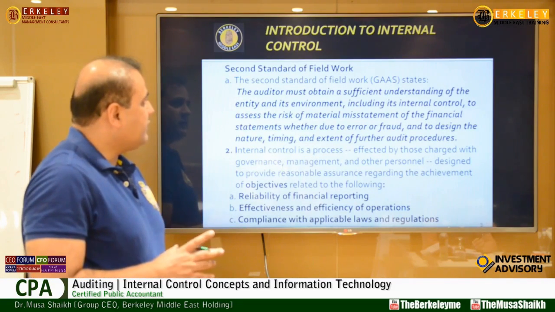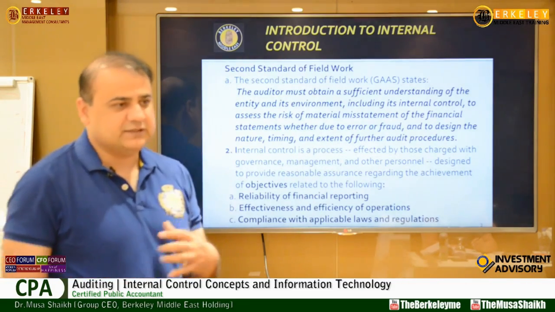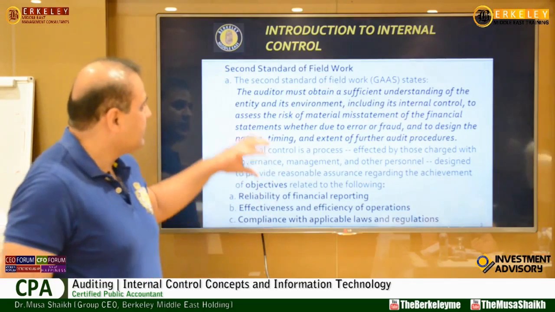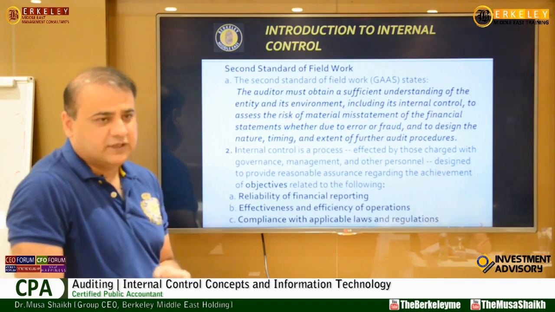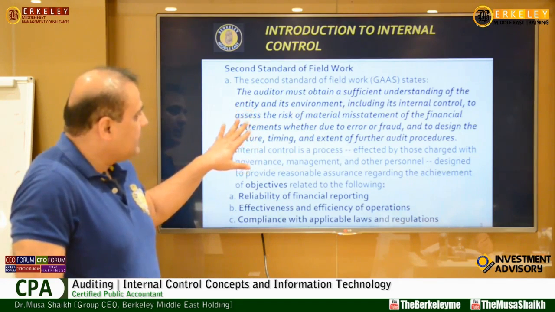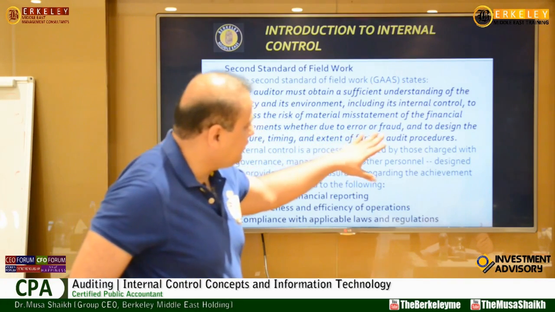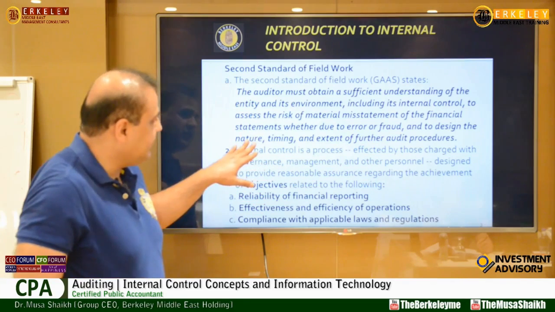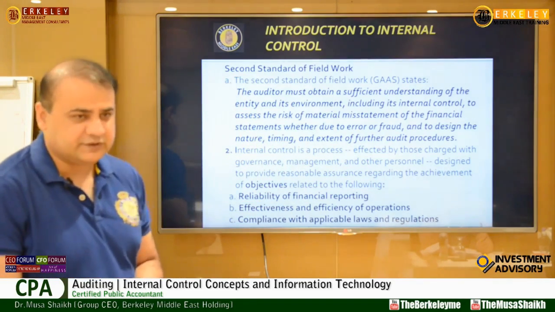Now, to start with, as in a typical auditing style, we should know what the general standard is. The auditor must obtain a sufficient understanding of the internal control systems and environment, and assess the risk of material misstatement, in order to see if there is any error or fraud, and to design the nature, timing, and extent of the further audit procedures.